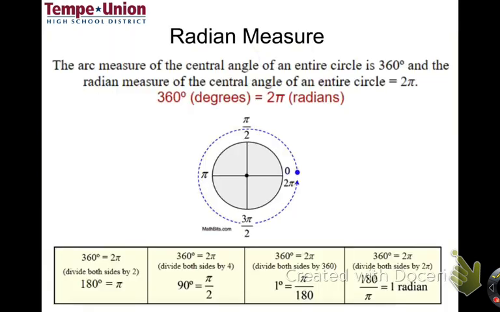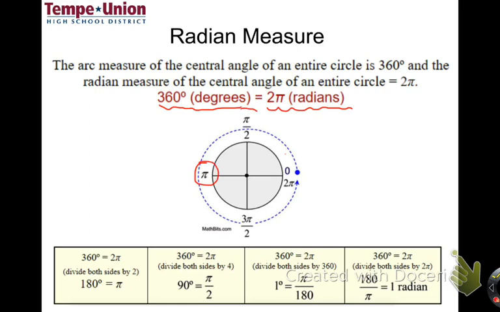All right. Further work on this is we're going to say that 360 degrees is exactly the same as 2 pi radians, as I just mentioned. There are a couple other measurements that are nice to have memorized. They'll help you in the future. So again, halfway around the circle is pi radians.